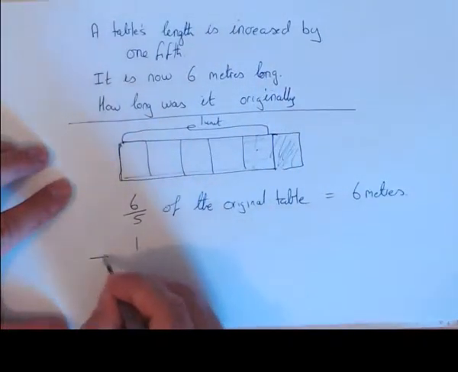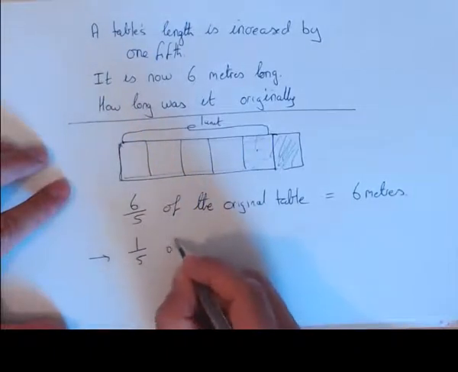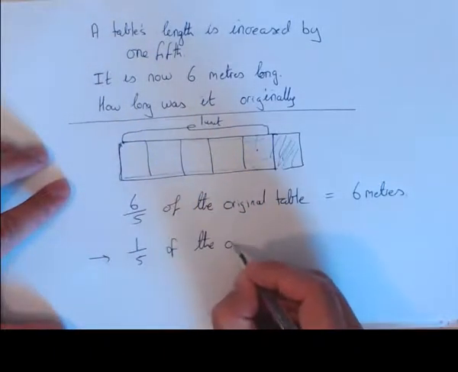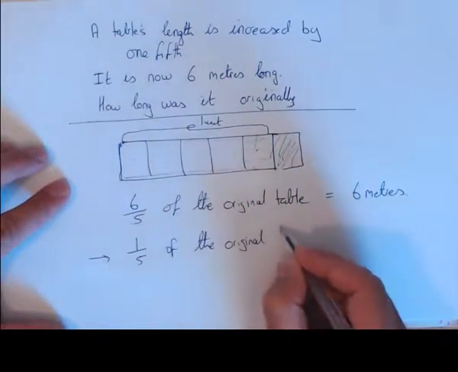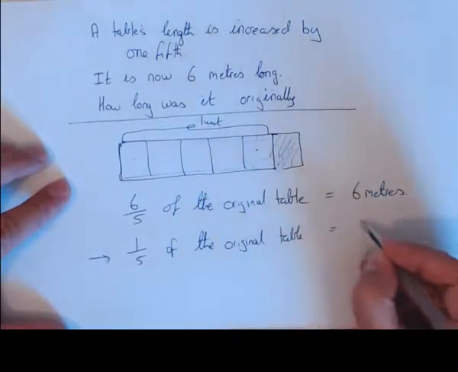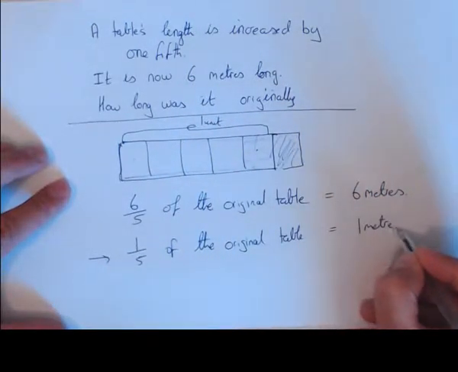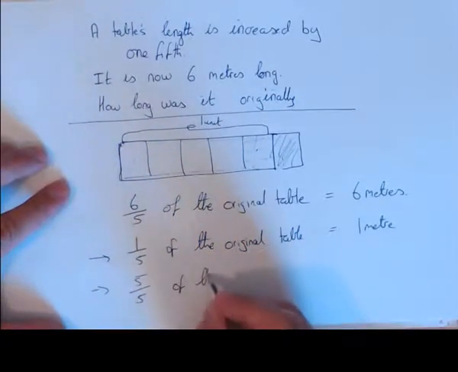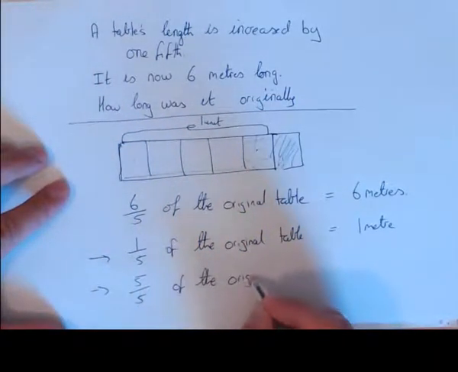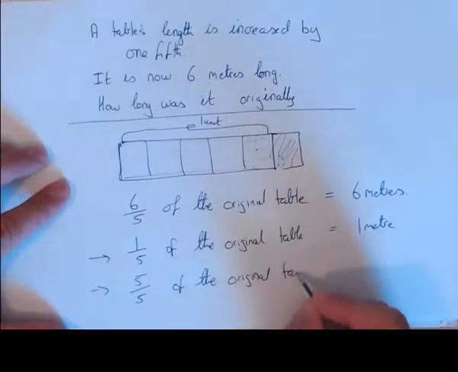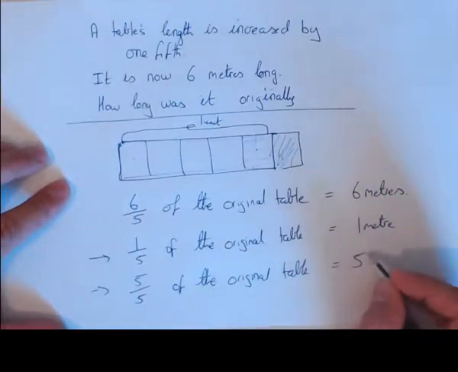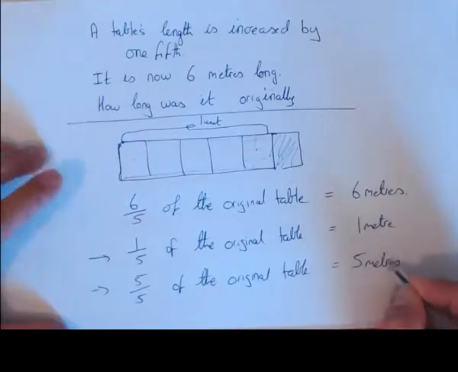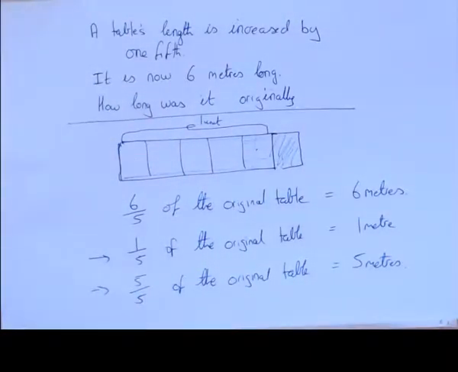We find what 1/5 is. 1/5 of the original table would be 1 meter long. So that means that 5/5 of the original table is 5 meters. So we know that our original table was 5 meters long.